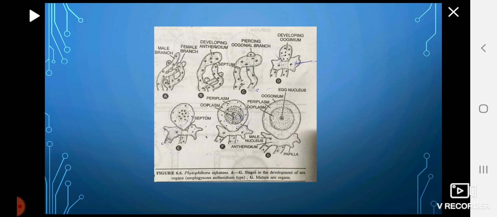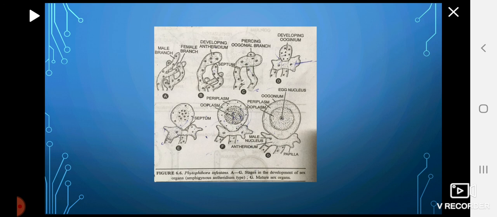Now what happens is that the nuclei divide in the ooplasm, and finally all except one migrate to the periplasm, where all of them degenerate and only one is left in the ooplasm. Now the nucleus present in the ooplasm divides into two, and one of them degenerates and the other forms the functional egg nucleus. Similarly, the nuclei of the antheridium also degenerate, leaving a single functional male nucleus.